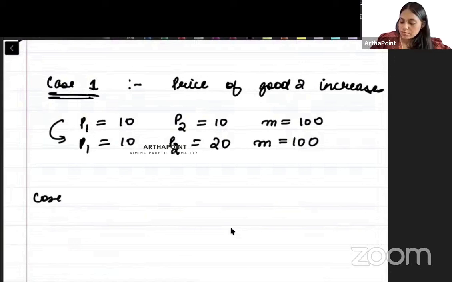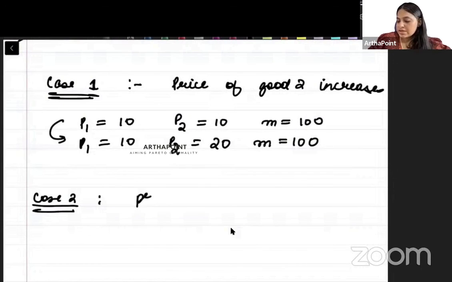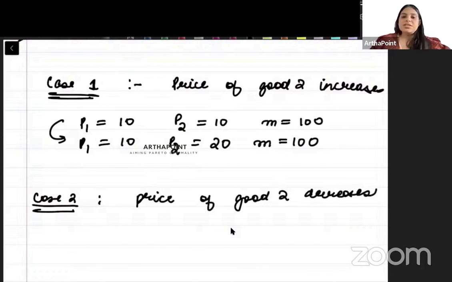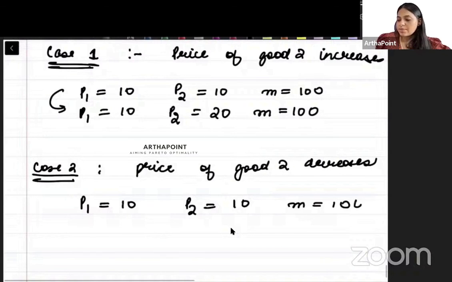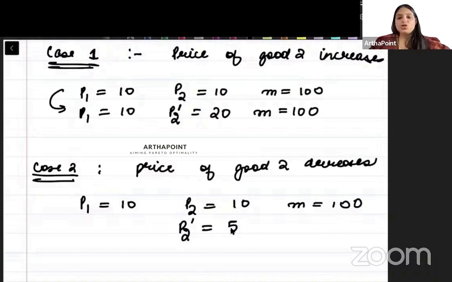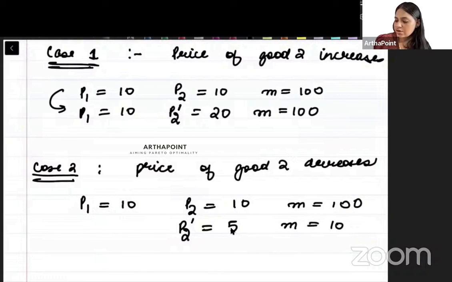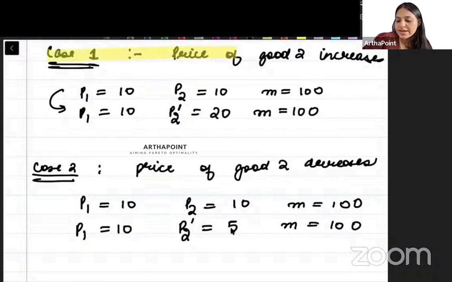And case 2, price of good 2 decreases. P1 is equal to 10, P2 is equal to 10, income 100. And then the price of good 2 decreases to 5. Income is still 100 and price of good 1 is 10. So this is the homework: you have to plot these 2 cases of budget line.